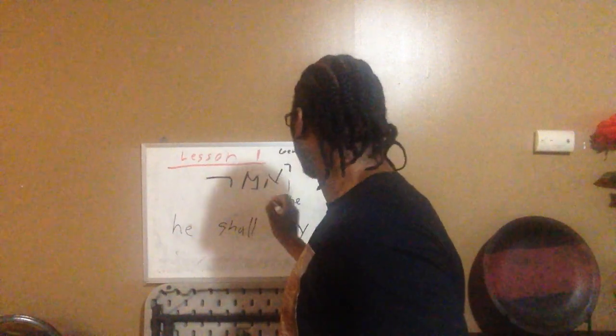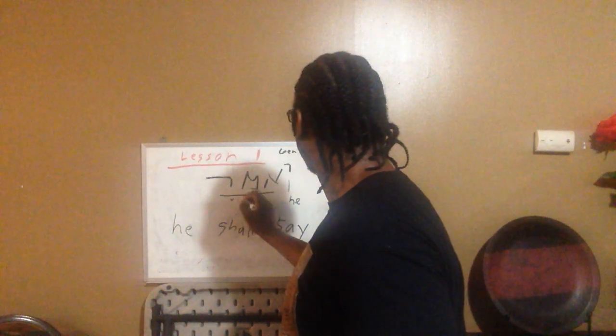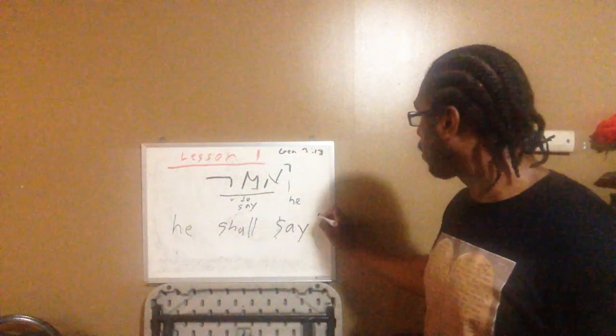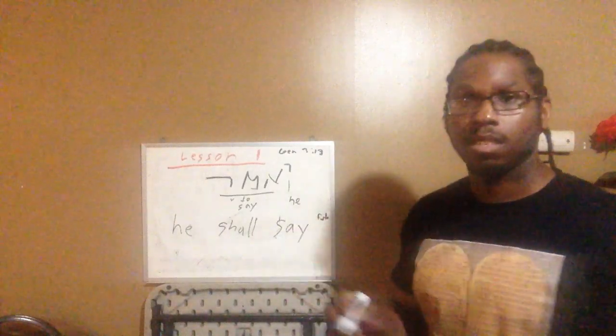Not he said. This is to say. So that's telling the future, right? It's future tense. So if it's future tense, that means he shall say. But now, you're about to add something to it that's going to convert that and make it past.